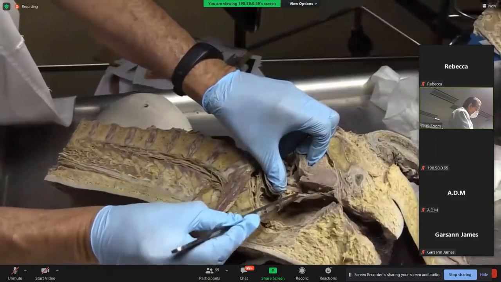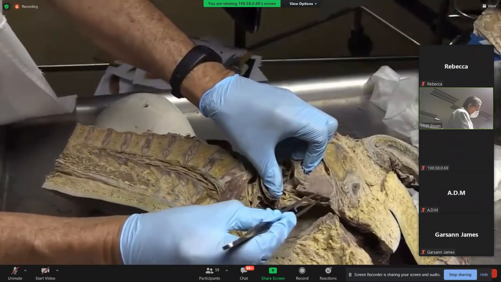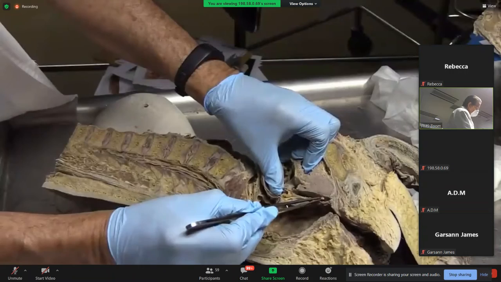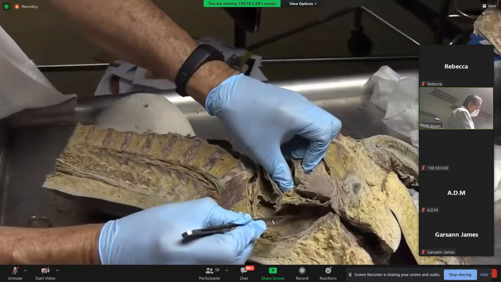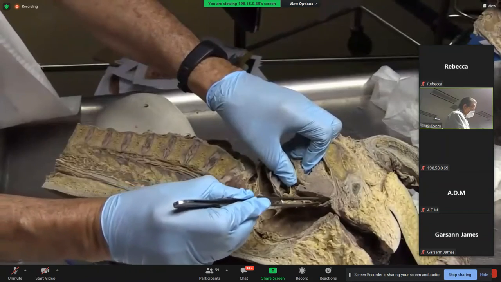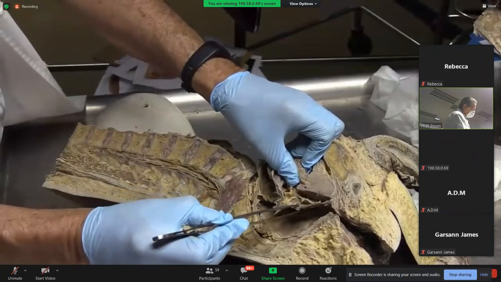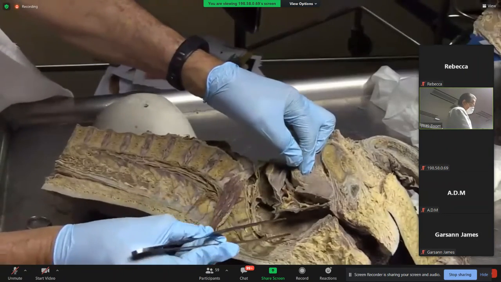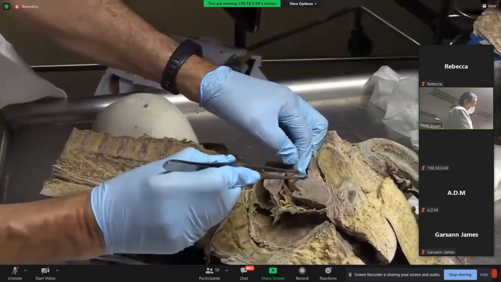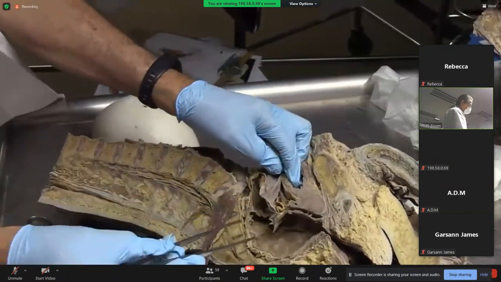The rectoprostatic fascia, right here, and this fascia here. You don't want to breach it when you do rectal procedures, because it separates poop and urine. Okay, water. All right.